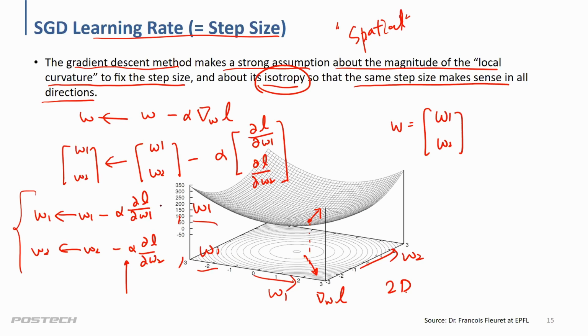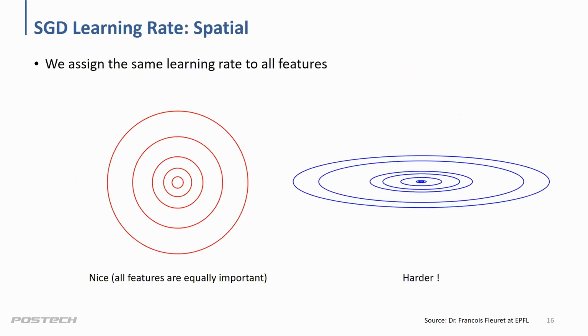So let me see. Probably I will move here. This one is better to explain it. Let's think about here. Suppose we are here. This will be minus the gradient.